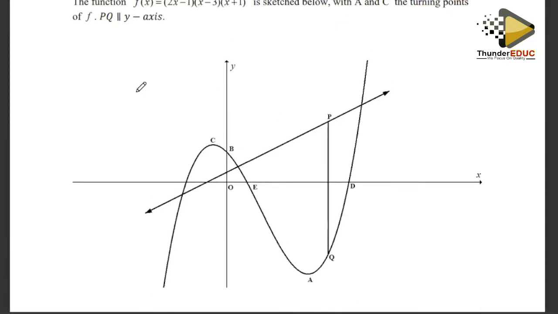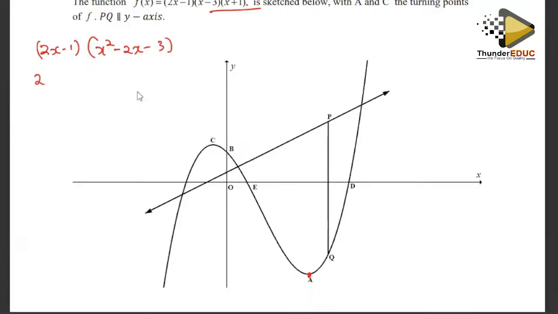Okay, so we know that A is a turning point. And for us to get the coordinates of the turning point, we have to find the first derivative equated to 0. So our first task is just to open up this, meaning that if I have my 2x minus 1, let me open these last two. So it's x squared plus x minus 3x, which is minus 2x minus 3.